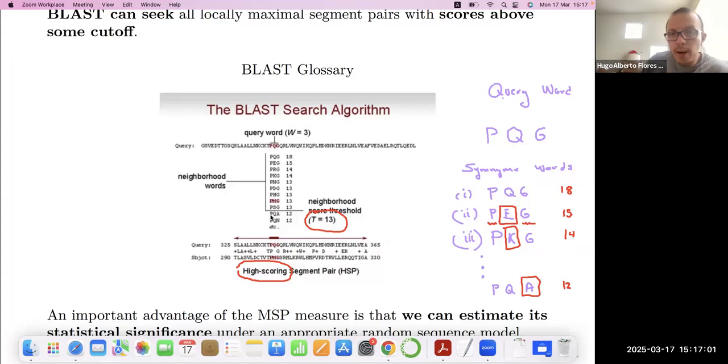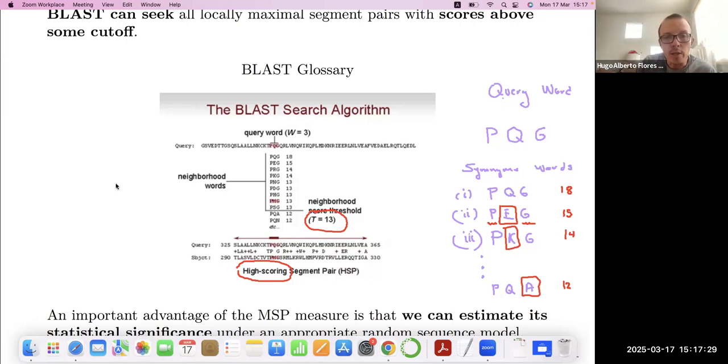So in that way, Blast makes something like a very fast filter, in the sense that if these segment pairs that I'm comparing are not producing a score that is sufficiently high, or higher or equal than 13 in this case, I won't consider this full sequence as something that can be similar.